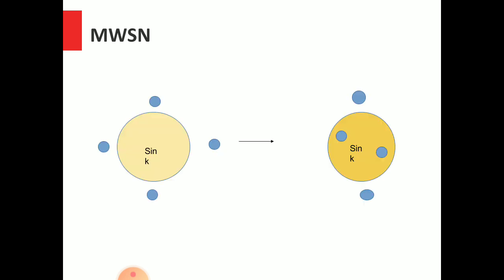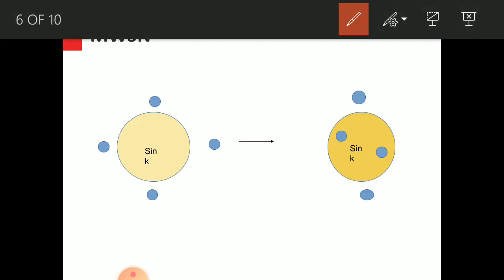In this slide we learn how it gathers the information. Here is the sink at the periphery, and around there are various sensor nodes. The sensor nodes are mobile, they are movable. How does it get the data?